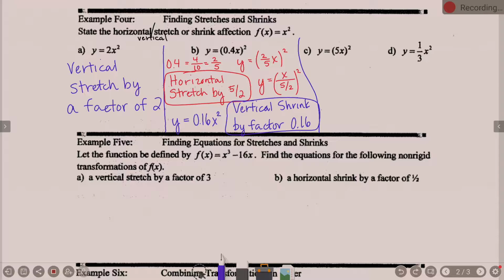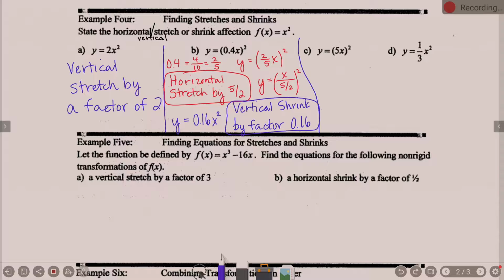Okay, because as you guys look at C, what do you notice about C? It's the same type thing as what we just did on B, isn't it? Because this 5 is in parentheses with the x, right? Now, what is 5 as a fraction? We know it's 5 over 1, right? So multiplying by 5 over 1 is the same as dividing by what? 1 over 5, right? 1/5. Okay, the whole reciprocal here.